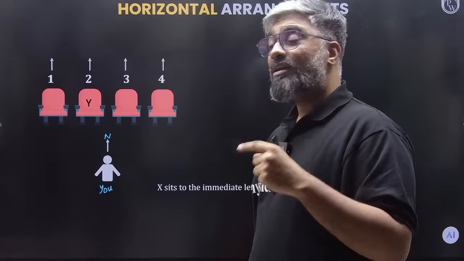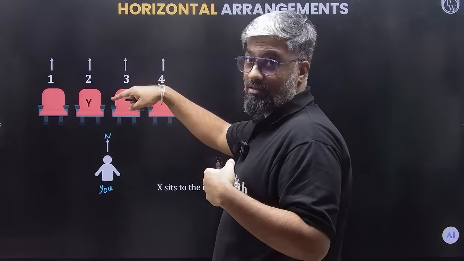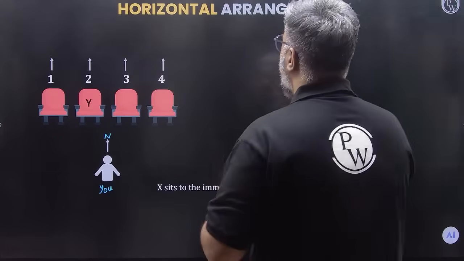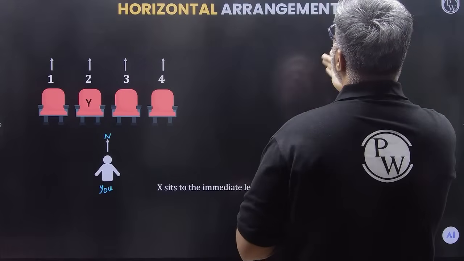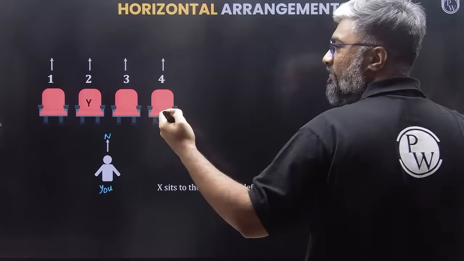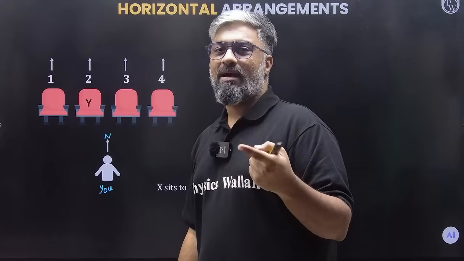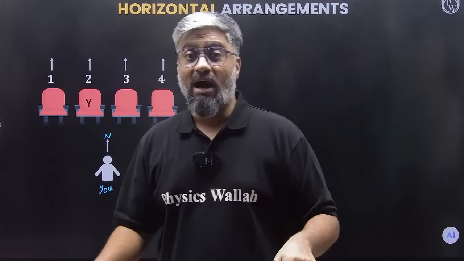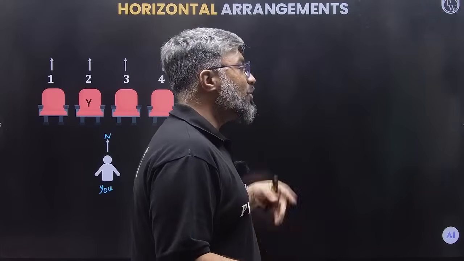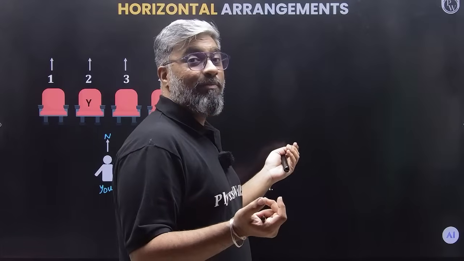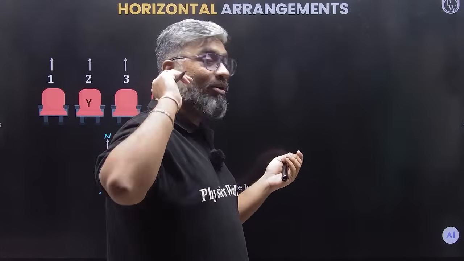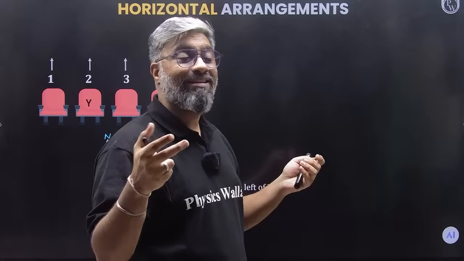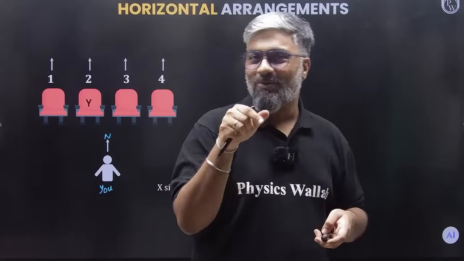In this case, there are two things you can do to avoid this confusion. One, either you can assume yourselves on one of these seats and think, okay, so if I am sitting in this direction, which would be my left, which would be my right? But doing this in the exam, during the test, becomes very tricky, because imagine if you have to turn your seat to know which is left, which is right. You'll probably get a nice thrashing on your head from the invigilator thinking that you're trying to cheat. So you don't want that risk.